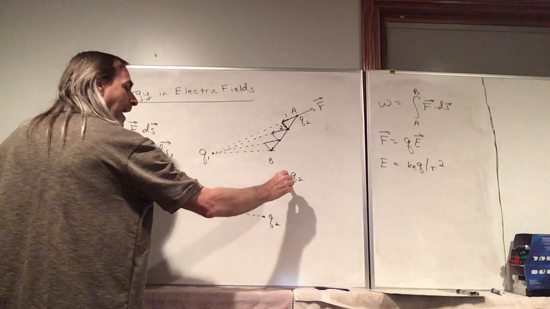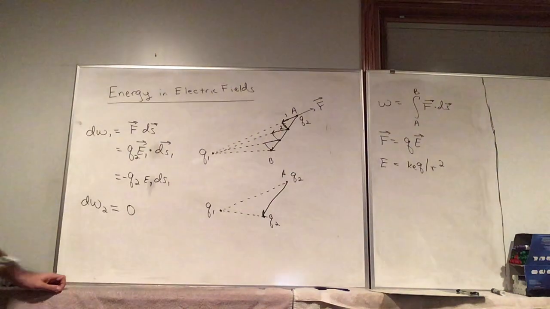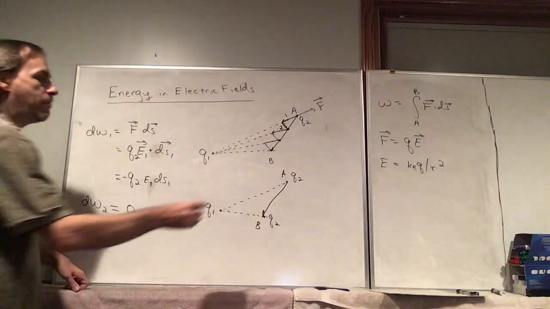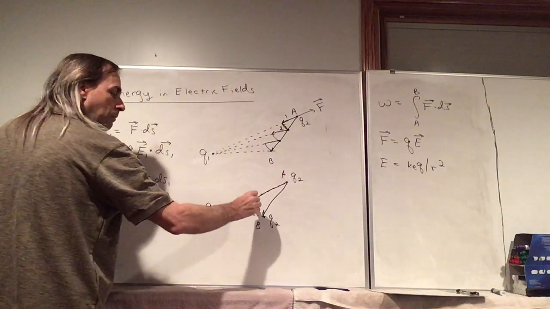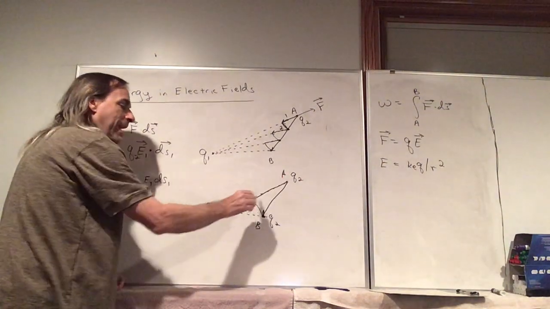And say this is the actual path that the charge takes from point A to point B. Well, we could replace it with this one, that goes just in the radial direction.